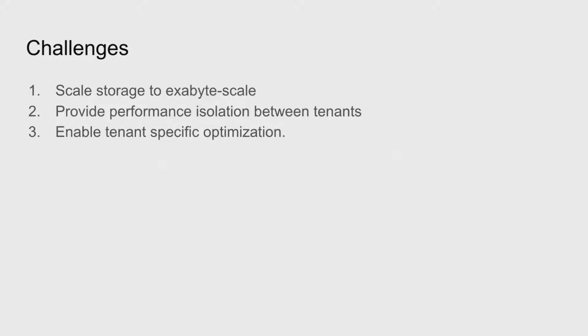They needed to scale their storage to exabyte scale. They needed to provide performance isolation between their tenants. Here, a tenant is a specialized storage system that we were looking at earlier, the blob storage and the data warehouse. And they wanted to enable tenant-specific optimization so that performance is comparable to the specialized storage systems.